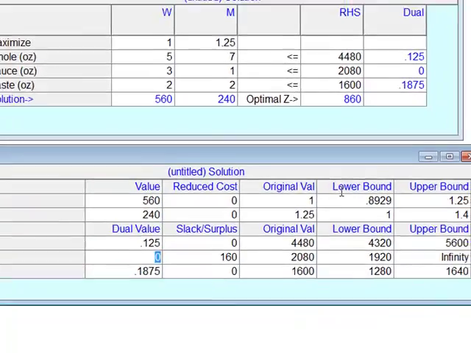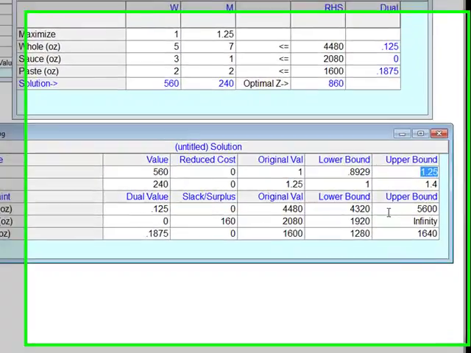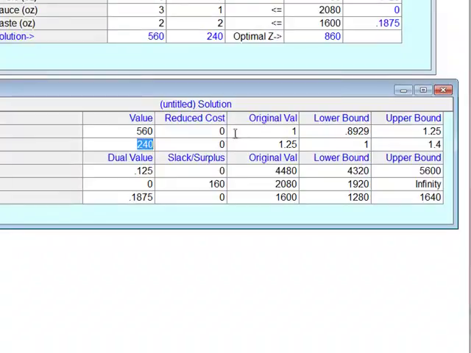And these ranges related to variables, from lower bound to upper bound, are called range of optimality, because if the objective function coefficient of a variable falls anywhere within that range, then we can say that the optimal solution remains the same.